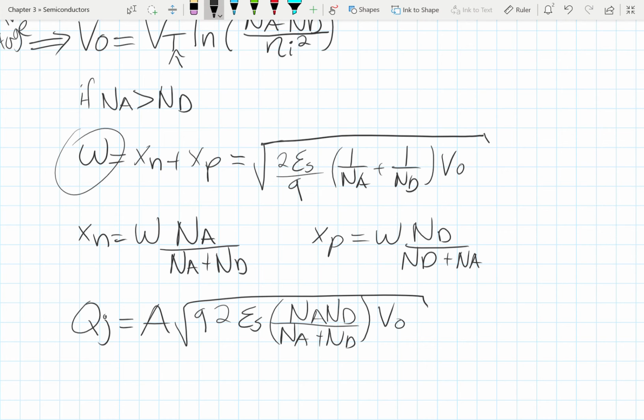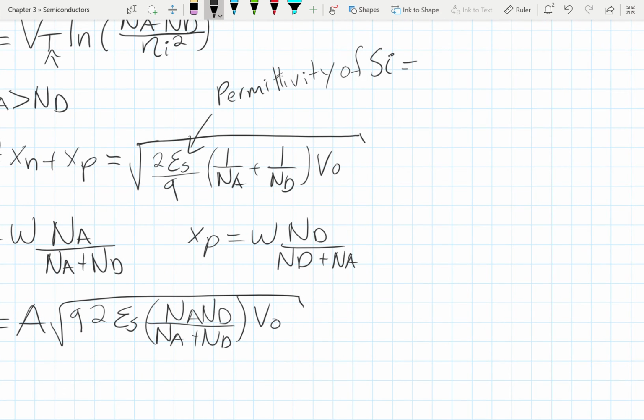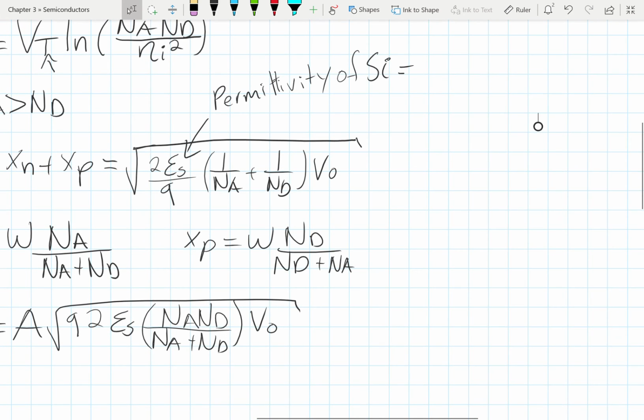So we're adding the n side and the p side, and that is equal to the square root of 2 times this constant, the permittivity of silicon. That permittivity of silicon is equal to 11.7 times the permittivity of free space.